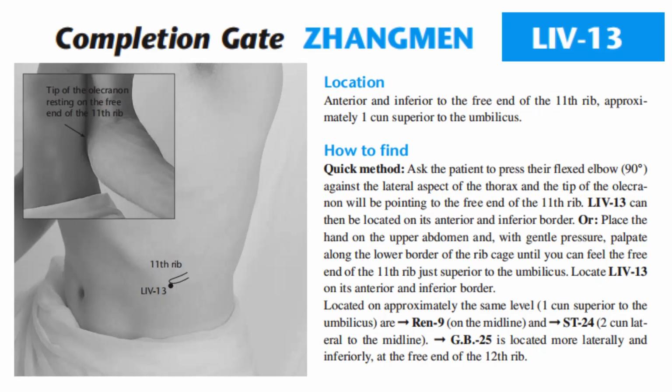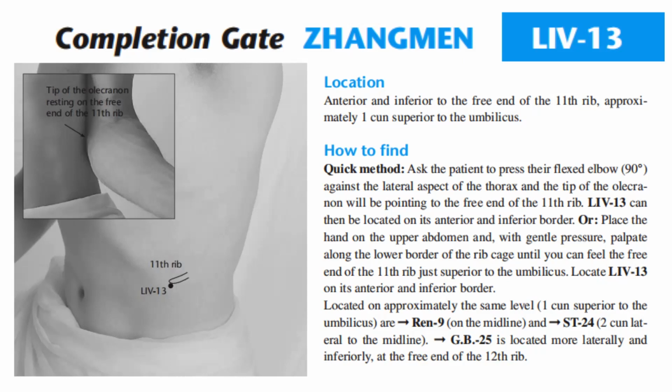Or place the hand on the upper abdomen and, with gentle pressure, palpate along the lower border of the rib cage until you feel the free end of the 11th rib just superior to the umbilicus, to locate LV13 on its anterior and inferior border.